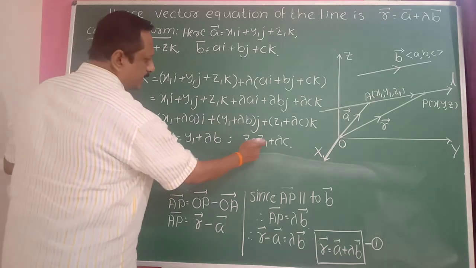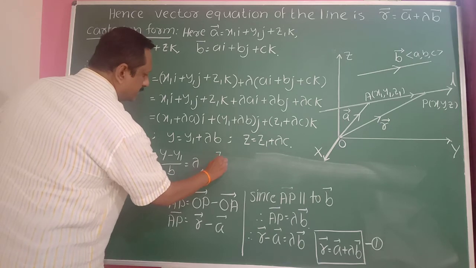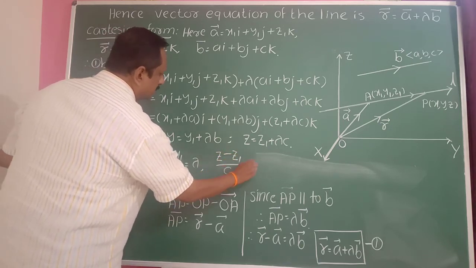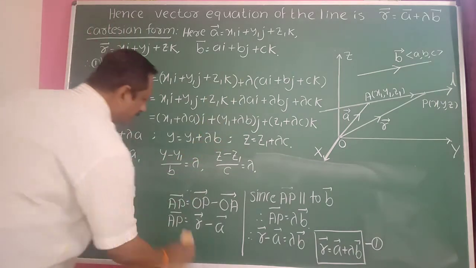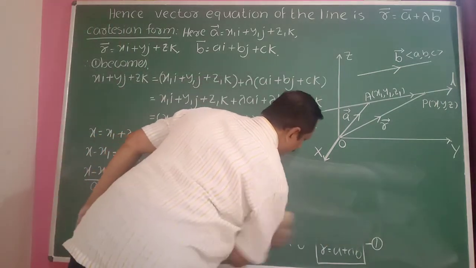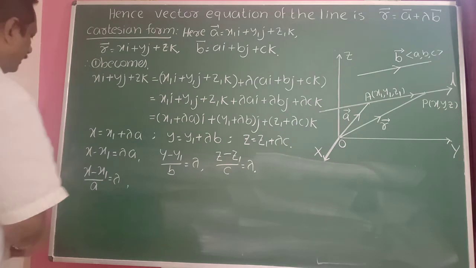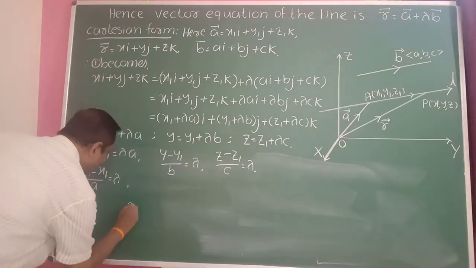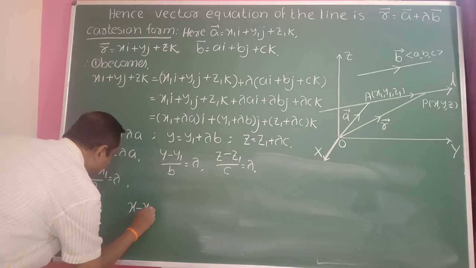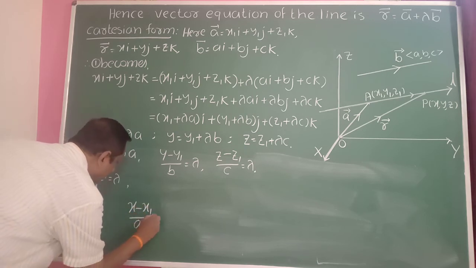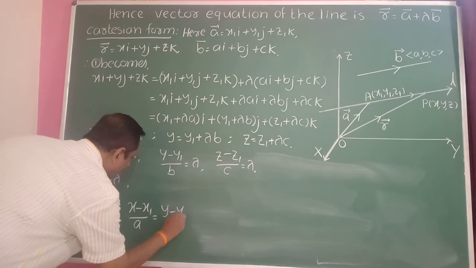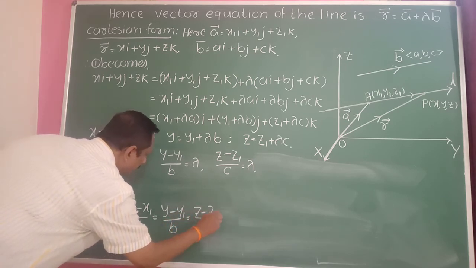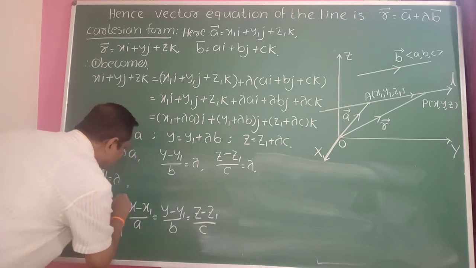Take z1 to the left side and cross multiply: z minus z1 divided by c is equal to lambda. Hence, we can write x minus x1 divided by a is equal to y minus y1 upon b is equal to z minus z1 divided by c.